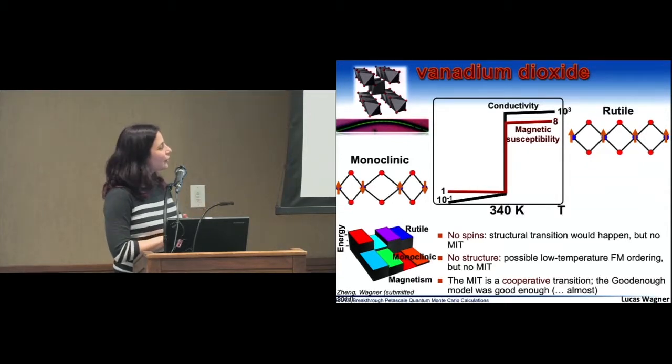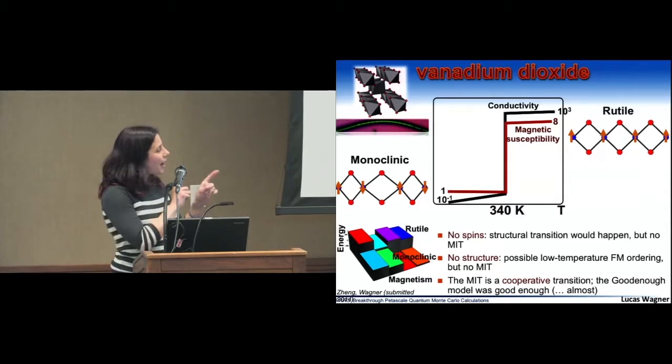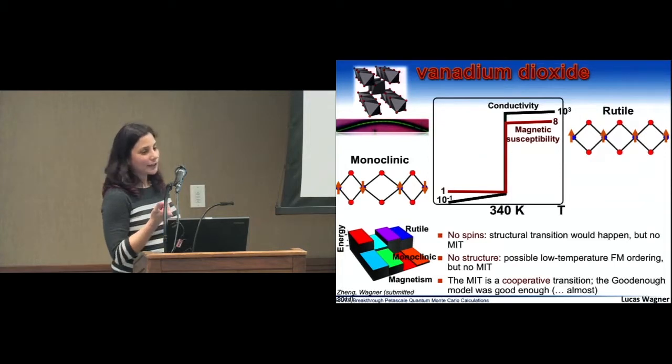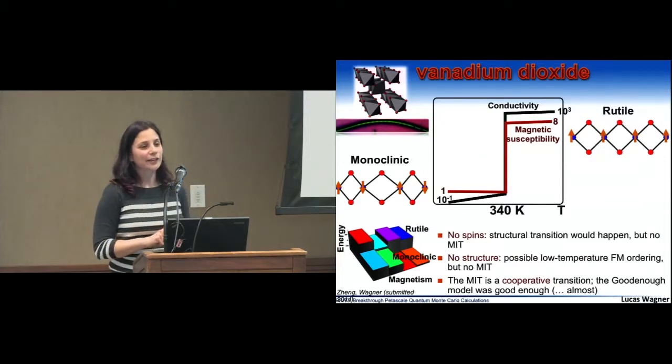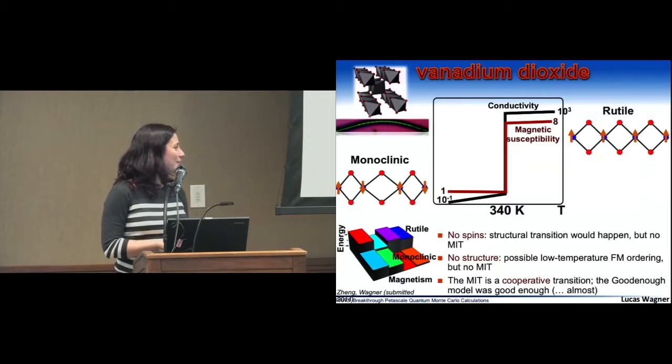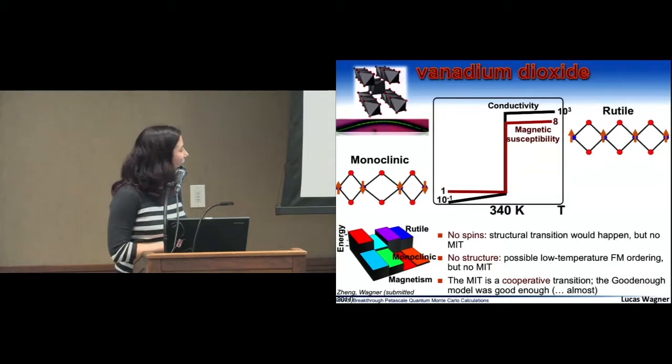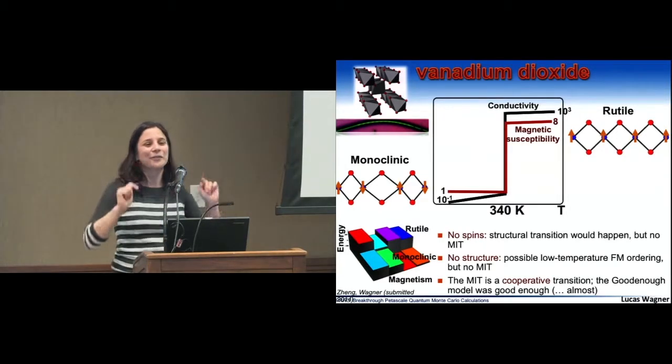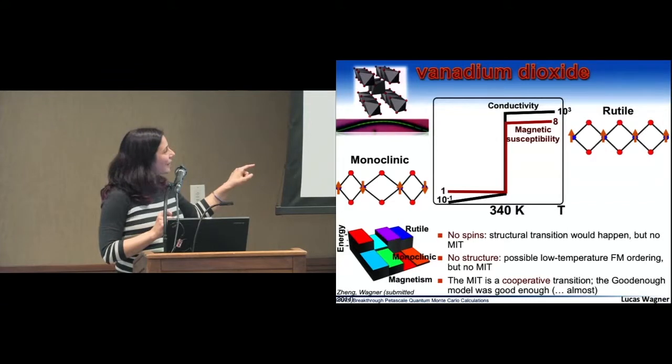If we don't include the structure, there is a possible low temperature ferromagnetic ordering, but there's no metal insulator transition. In other words, it's not really a question of which one drives the phase transition. The metal insulator transition itself is a cooperative transition. You need both. And what that comes down to is that the Goodenough model turns out was good enough. Almost, because Goodenough didn't have the spins in there entirely. So that's one of the nice things we've been able to do.